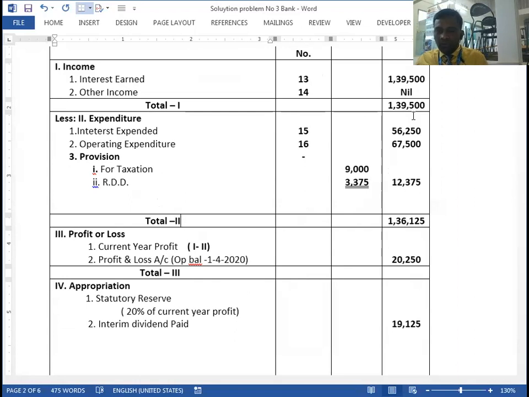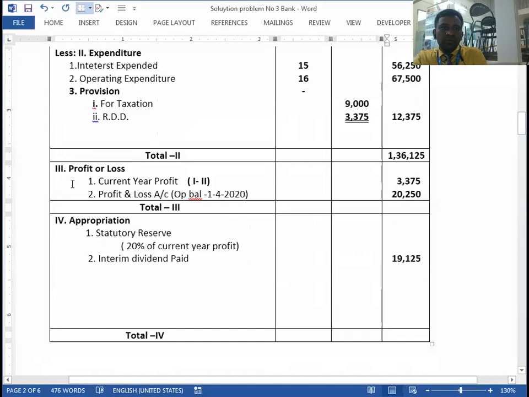Send me the answer in the chat box. 1,39,500 minus 1,36,125, so the profit figure is 3,375. Okay, this is the current year profit.